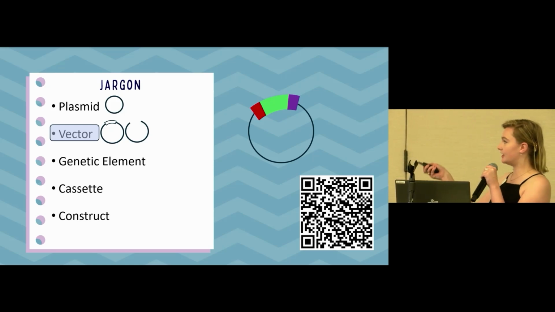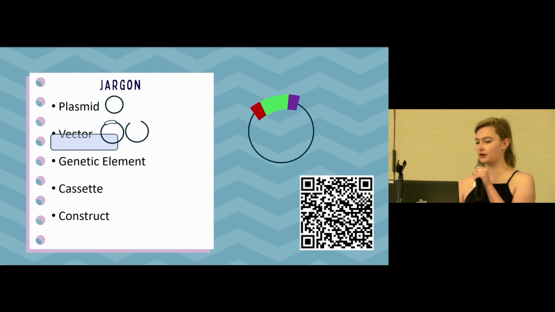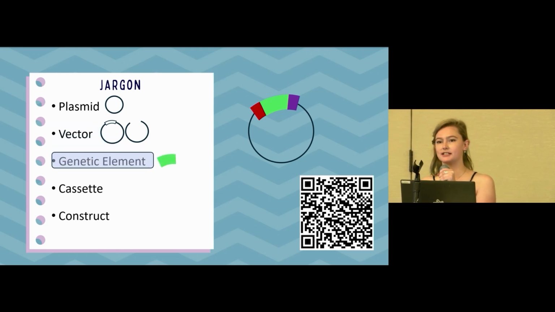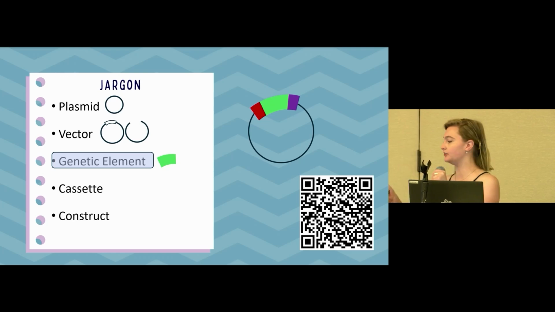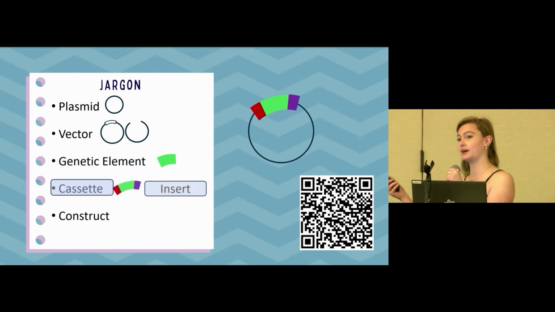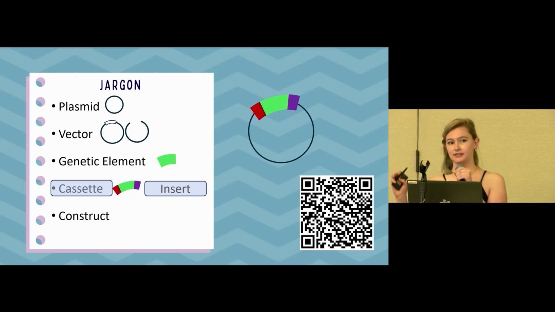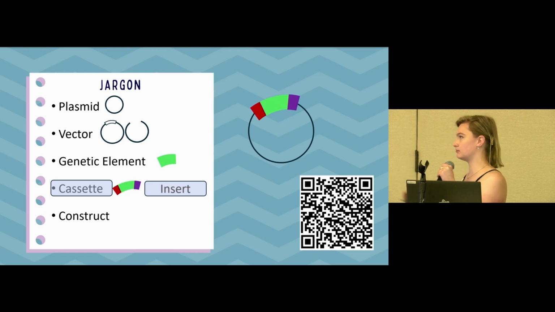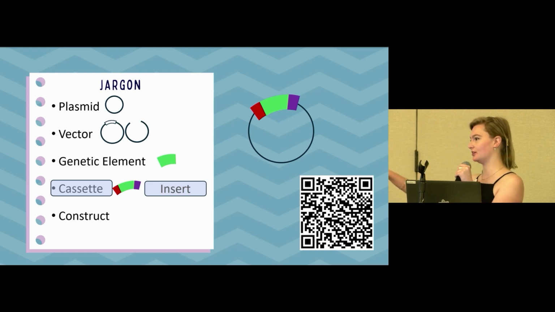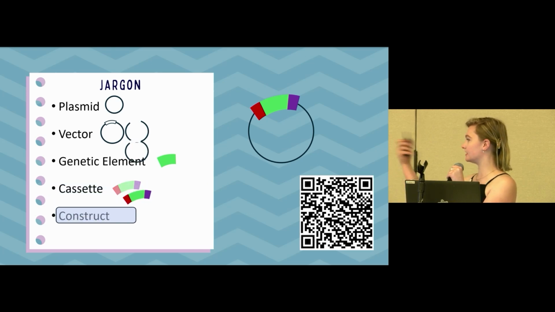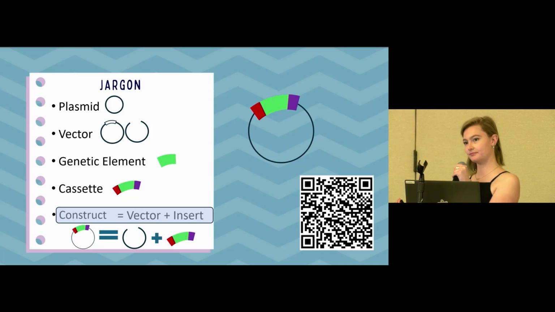Here is an uncut and cut vector. What I will call a genetic element is what is referred to as a promoter, coding sequence, or terminator, essentially a component of your cassette or insert. Cassette is specific to having recombinational elements on the sides, whereas insert is what's known as a transcriptional unit. It is all of your genetic elements combined. And your vector plus your insert is what's called your construct.